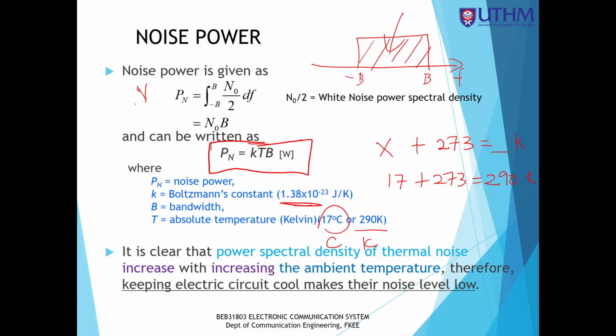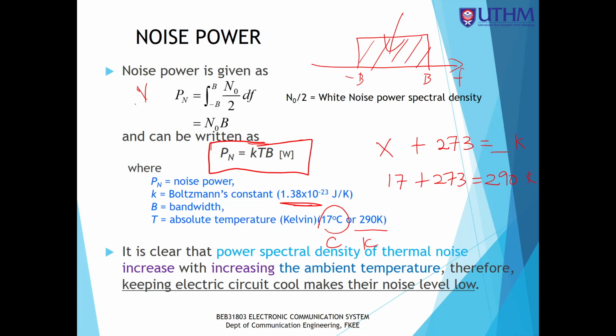Remember, all calculations must be in terms of Kelvin. We will use the Kelvin unit fully in your syllabus. Don't use Celsius temperature. You need to use Kelvin only.